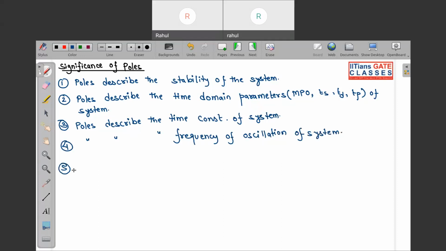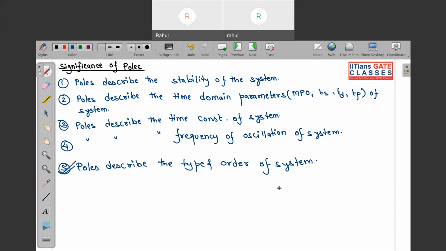Fifth point, poles describe the type and order of the system. We have already discussed this point, what is type and order of the system, so we are not going to discuss it again.